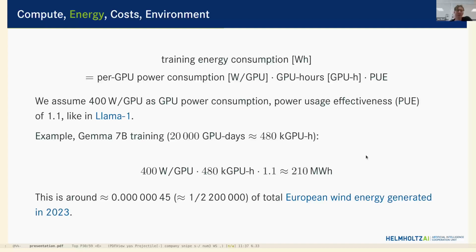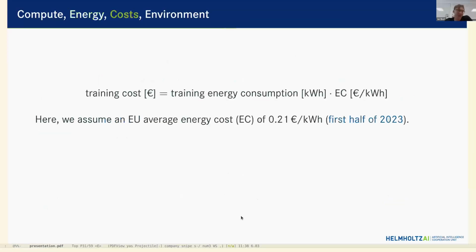As a reference, this is around 2 millionth of the total wind energy that was generated in Europe in 2023. So it seems like a lot, all things considered, but also kind of tiny for what you get, right, for this amazingly strong language model. Now cost is another thing we can calculate.